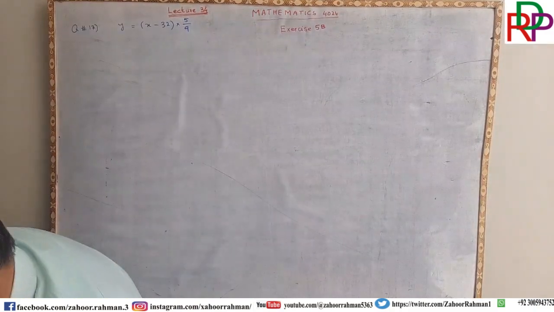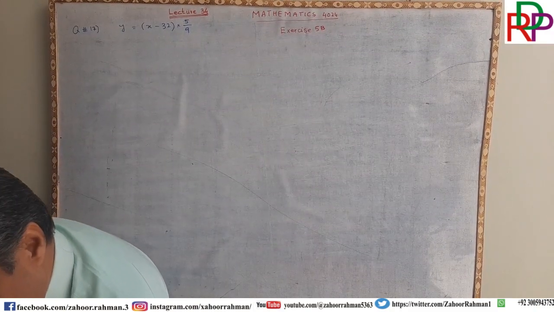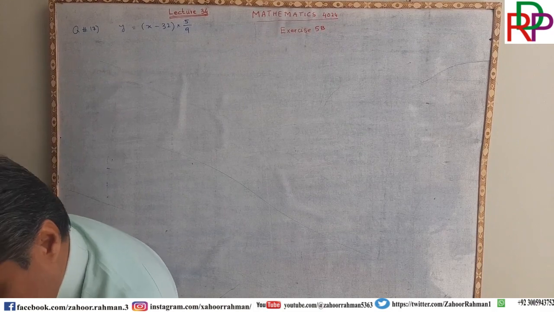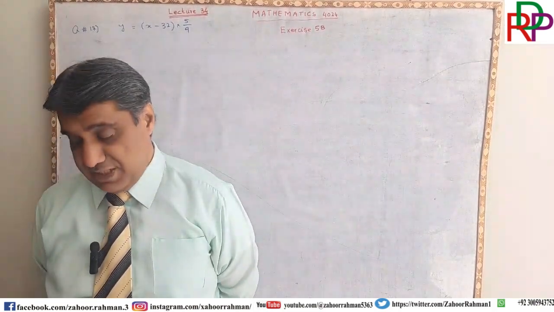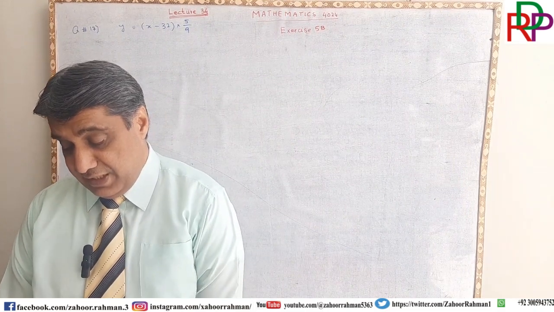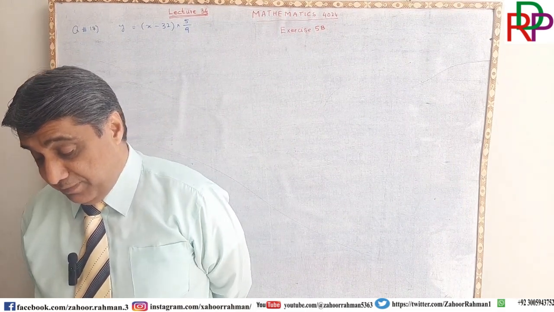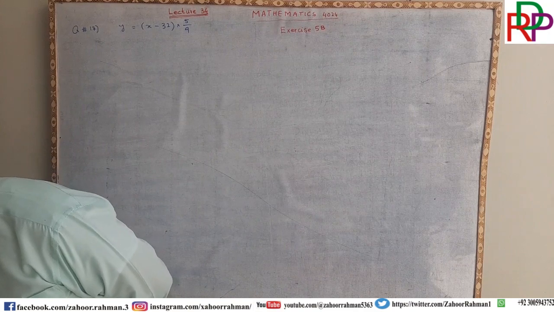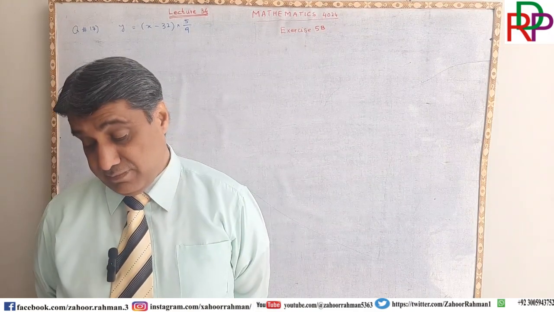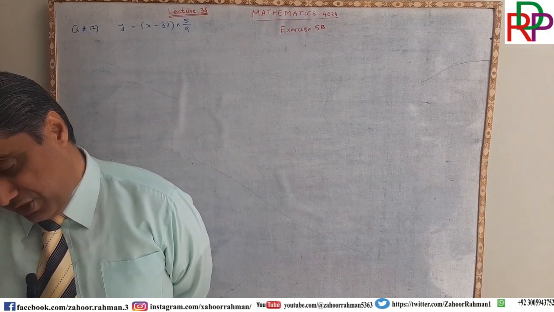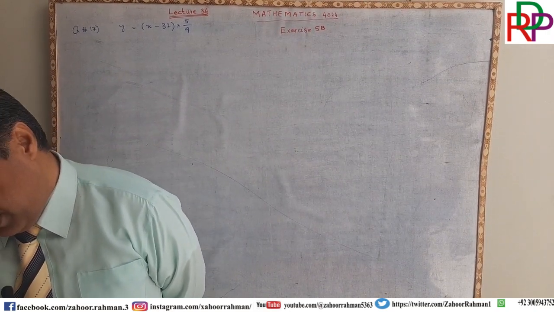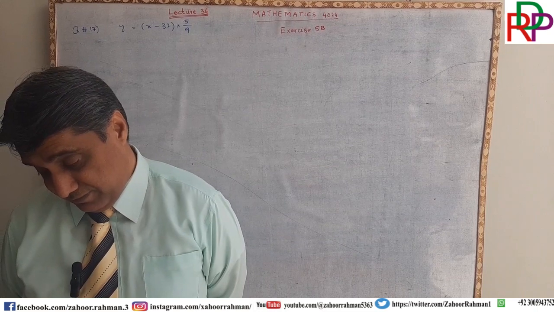Okay, ladies and gentlemen, now let us do the final question of this, and that is question number 17. In the United States of America, a different unit is used to measure temperature. It is called the degree Fahrenheit.